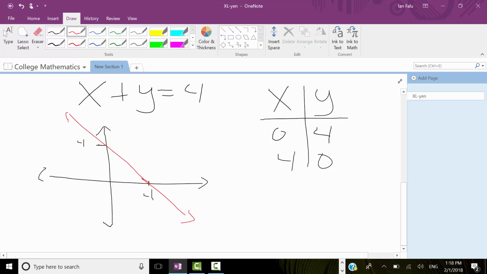Okay. Now, what does this line represent? This line means that all the combinations of x and y values that make this equation true will be on this line. So for example, the point 1 comma 3, where this is 1 and this is 3 here, that point is right here.